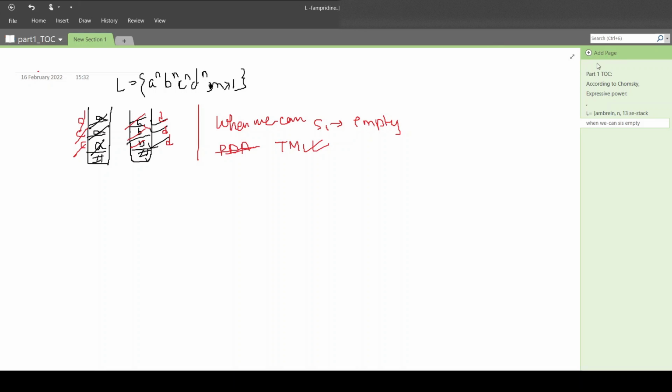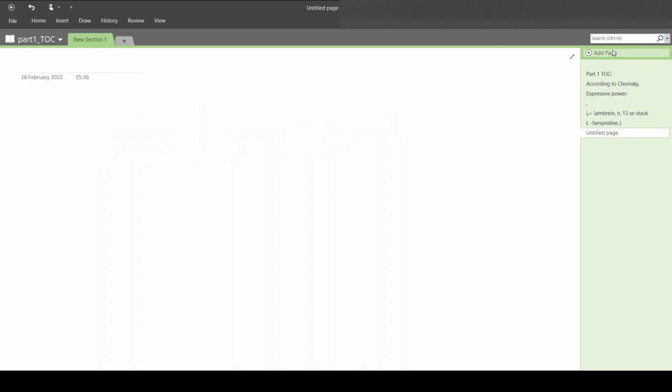it says about alphabets, strings, power of an alphabet. Yes, what is an alphabet? What is an alphabet?